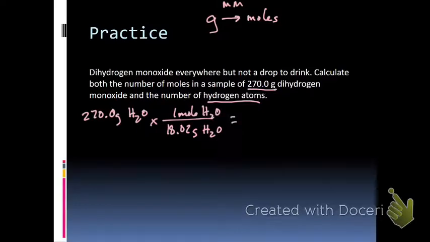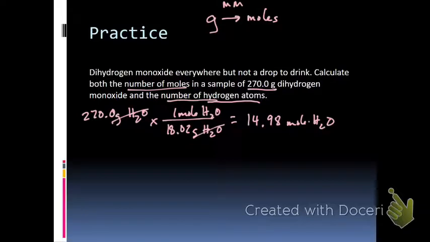So 270 divided by 18.02 equals 14.98 moles of H2O. All right, that answers this first one, the number of moles. But we also need to know the number of hydrogen atoms.